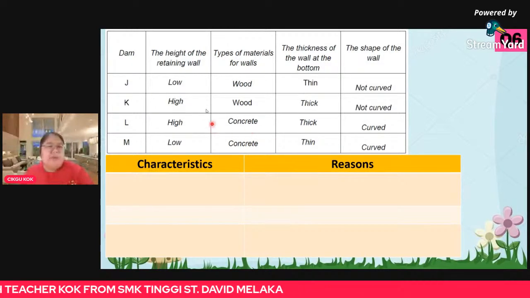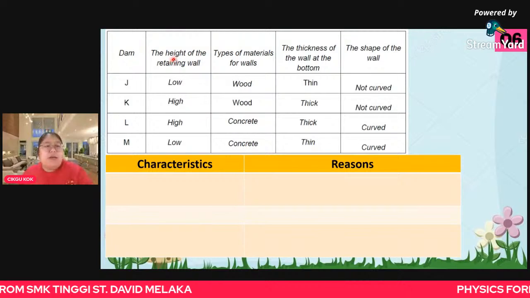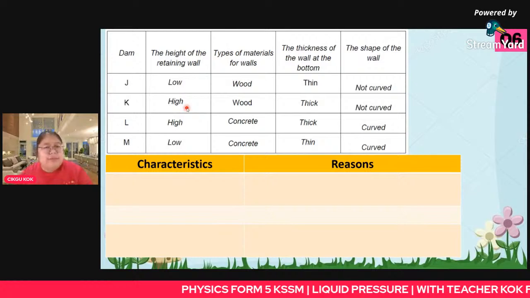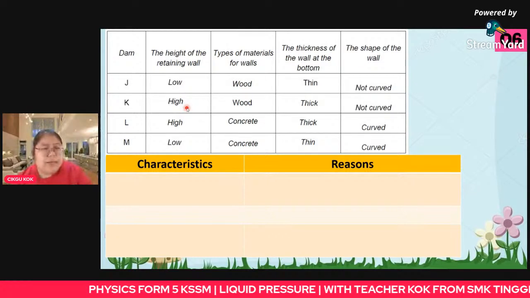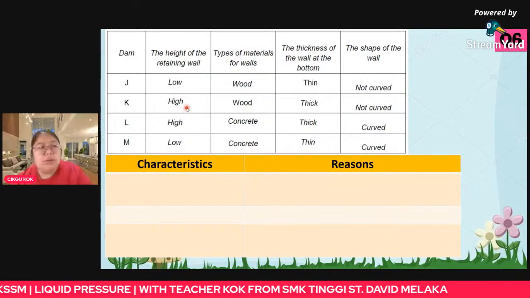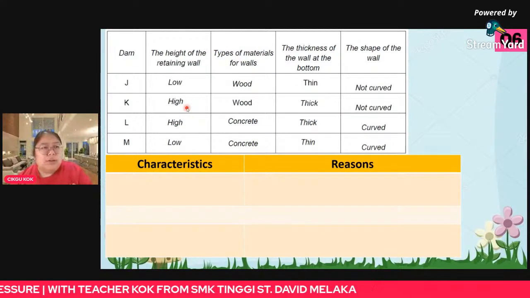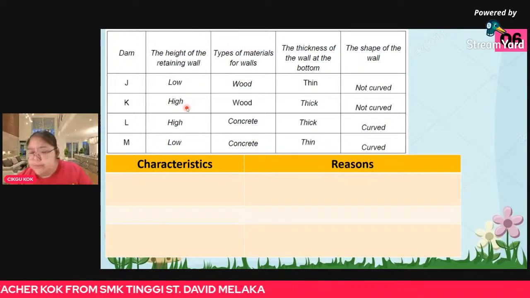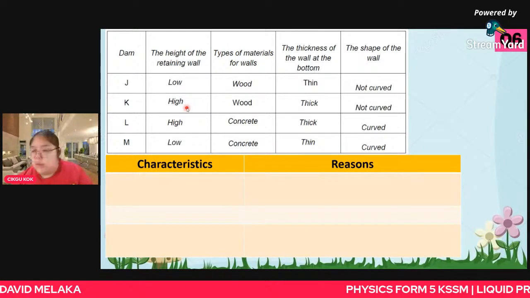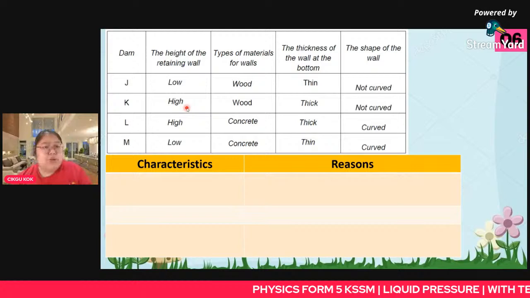So the first round, we're going to look at the wall. The retaining wall, the height must be, okay, do you want high or low? Anybody can give me a suggestion? The height of the retaining wall, high or low? We can only choose high or low.